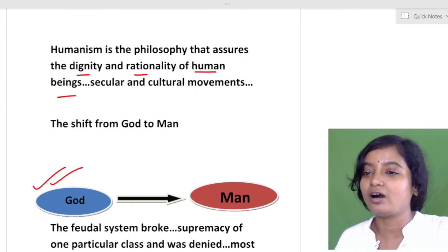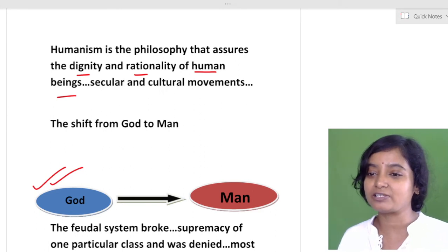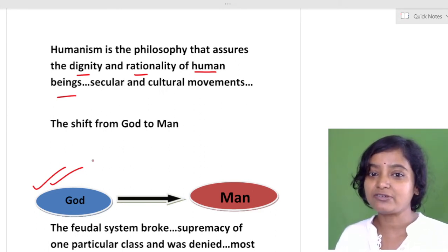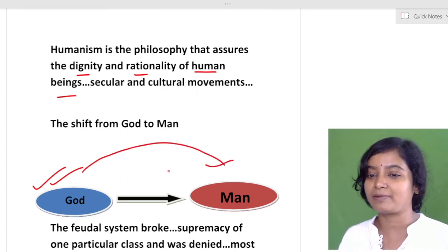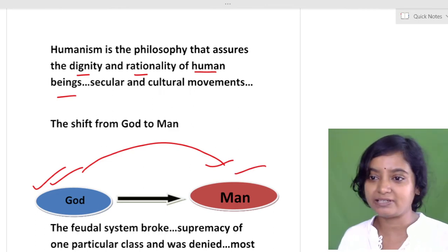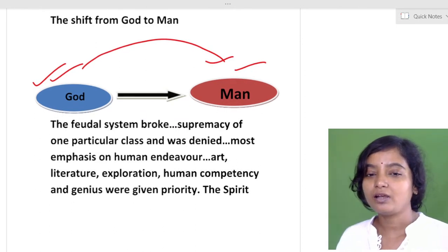Whatever we did or thought or performed was totally guided and controlled by our spiritual faith and beliefs. But we notice a gradual shift from God to man. The emphasis was not on God but on man, human endeavor, human characteristics, human rationality, human dignity, human assurance. In this way, we can notice a constant shift.